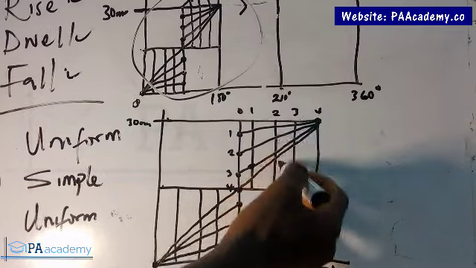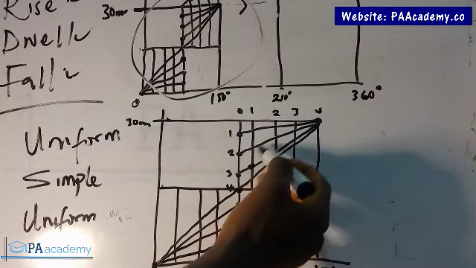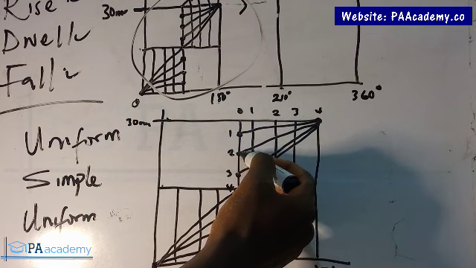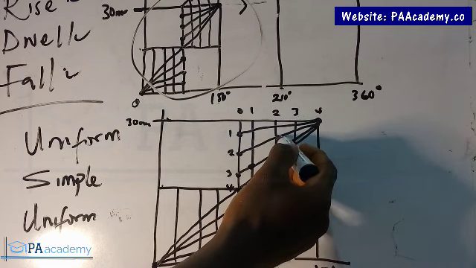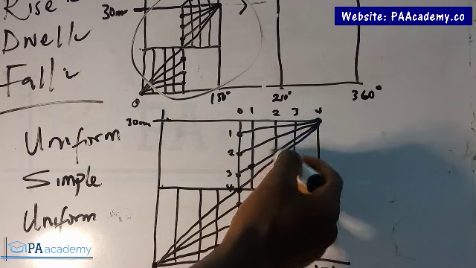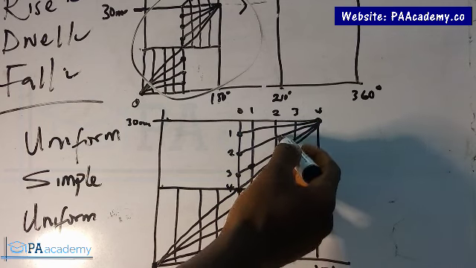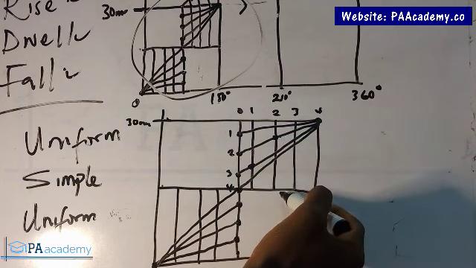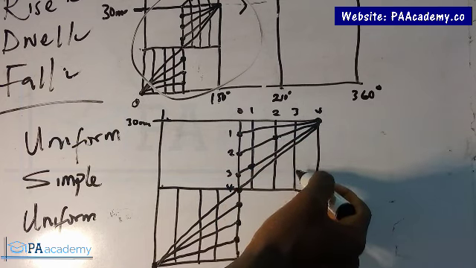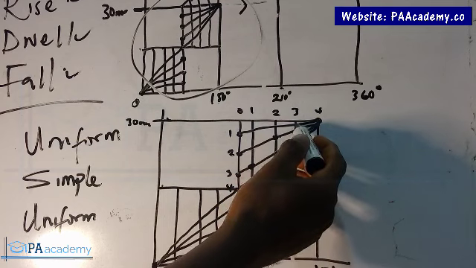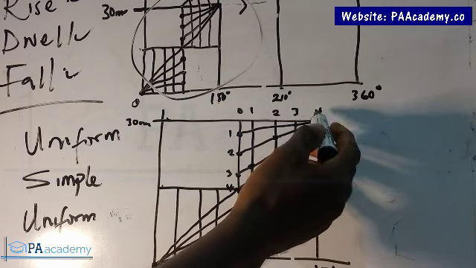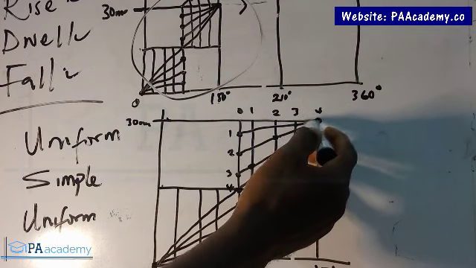The next one is on the vertical line 2, and where this point 2, the line that is coming from point 2, their point of intersection, which is right here. And then this line 3, and then line 1, their point of intersection, which is right here. And then the last one is going to be this point here. So that's what you are going to join together.